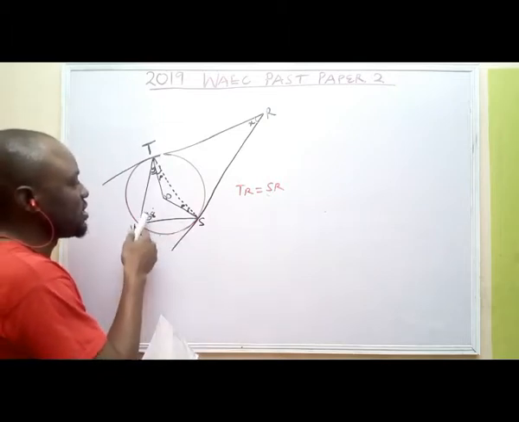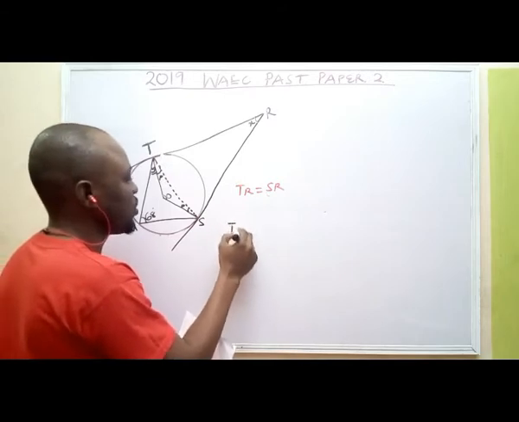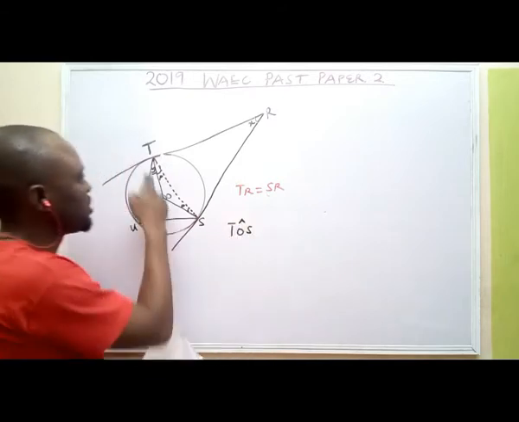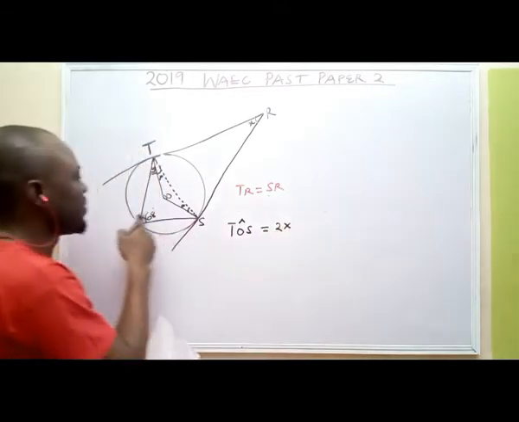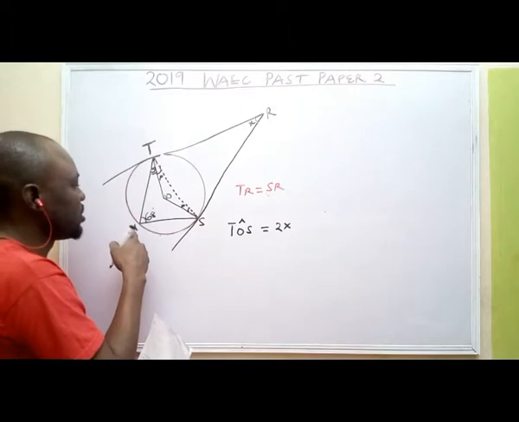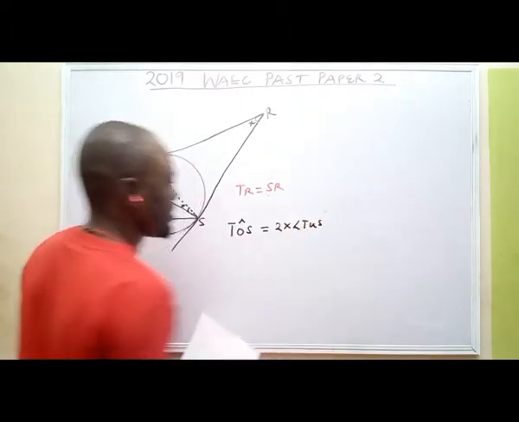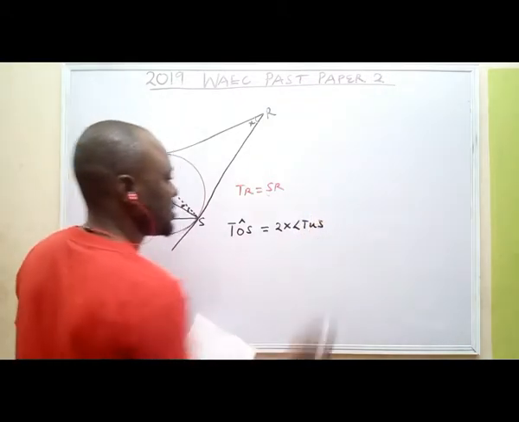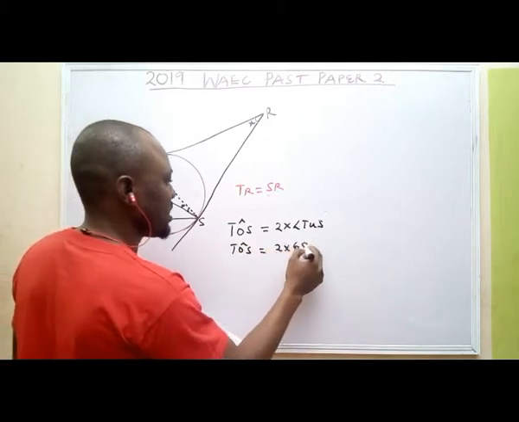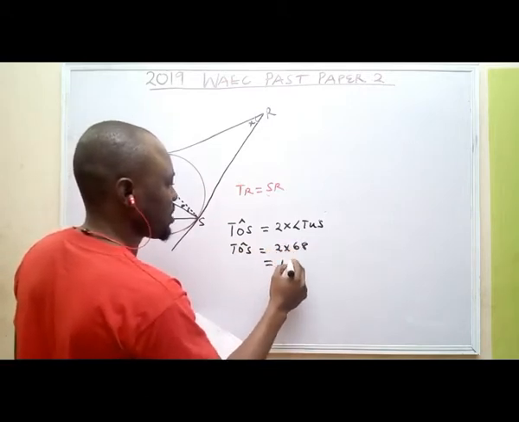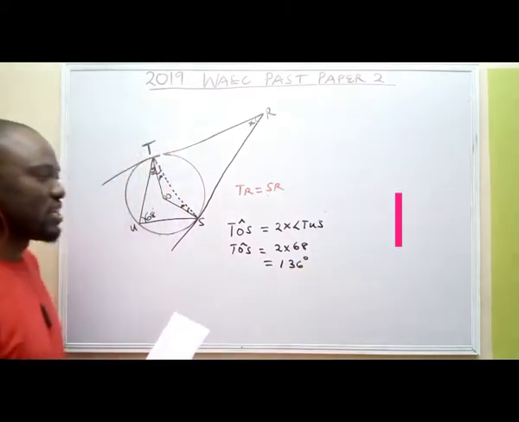If you look at this diagram, the angle at the center is TOS, so it equals 2 times the angle at the circumference, TUS. Angle TOS will be 2 times 68, which is 136 degrees.